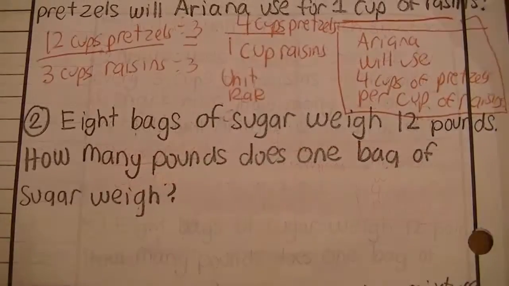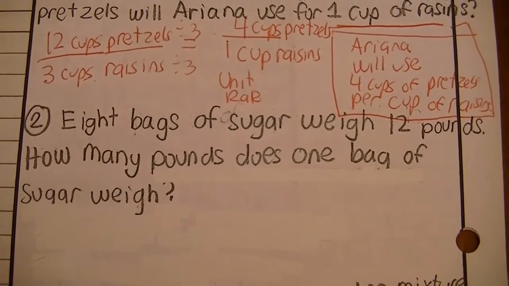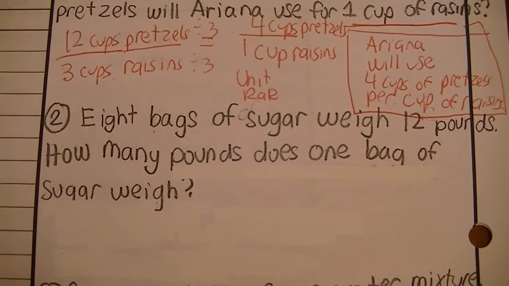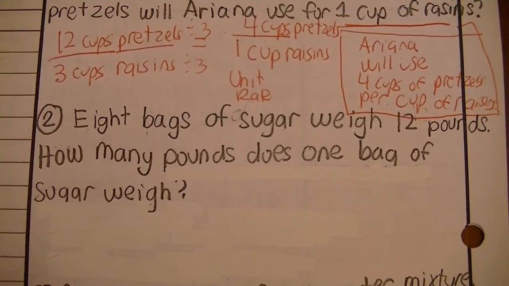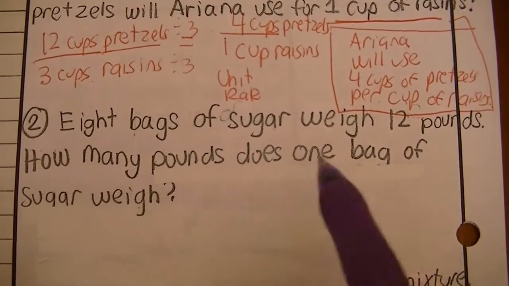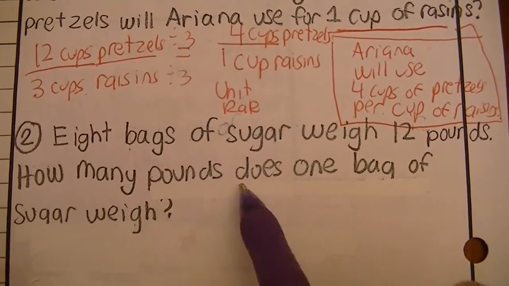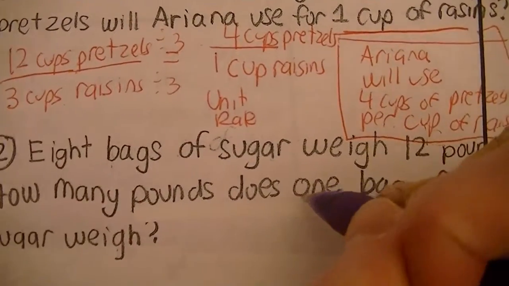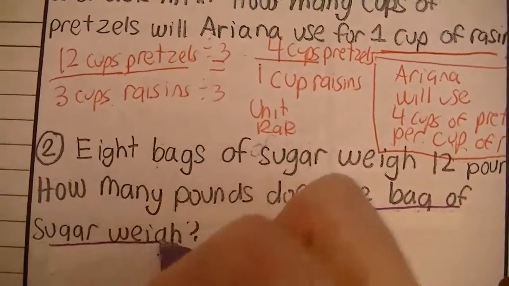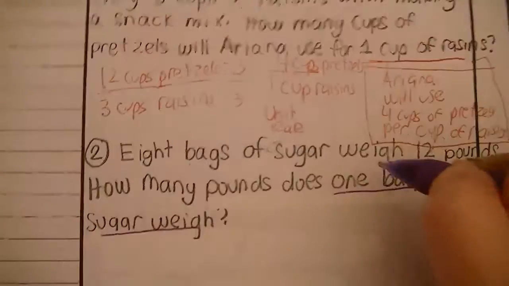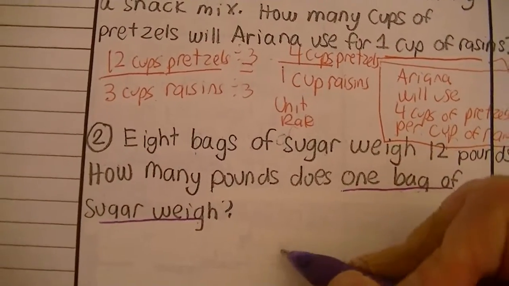Okay. The next example says 8 bags of sugar weigh 12 pounds. How many pounds does 1 bag of sugar weigh? So I see this part in that last sentence right there. How many pounds does 1 bag of sugar weigh? Okay, so that's just kind of a hint that tells me that the bags need to go in the denominator.